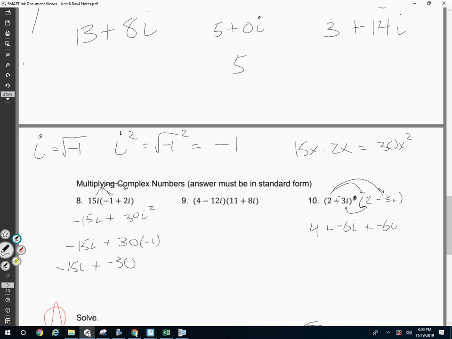Mr. De La Sencha, this is a tough one. Negative 3i times negative 3i. Negative 3 times negative 3, positive 9. i times i, i squared. This is tricky. Hold on, we're not done now. We can combine these two i's, right?